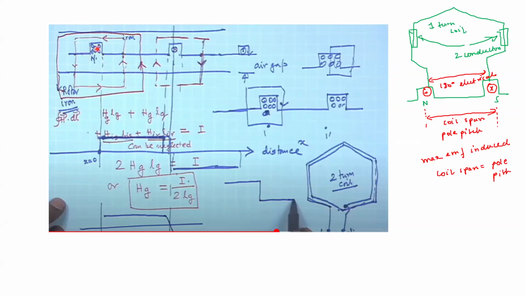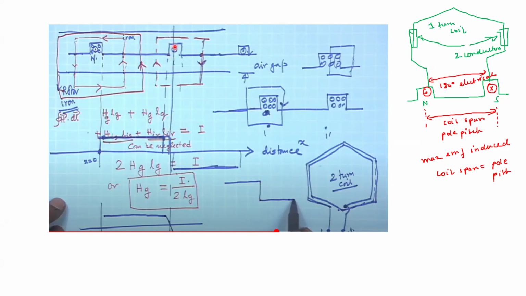It is in one direction. In this region, only one end of the coil is getting enclosed. That is why the MMF was in one direction.